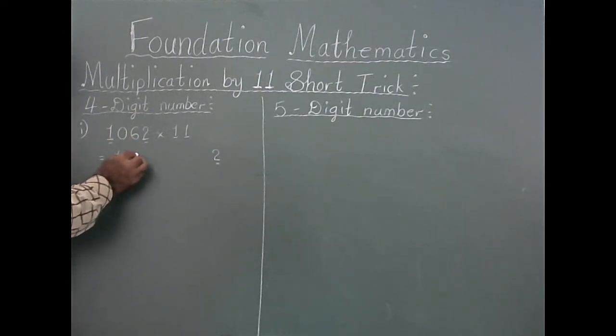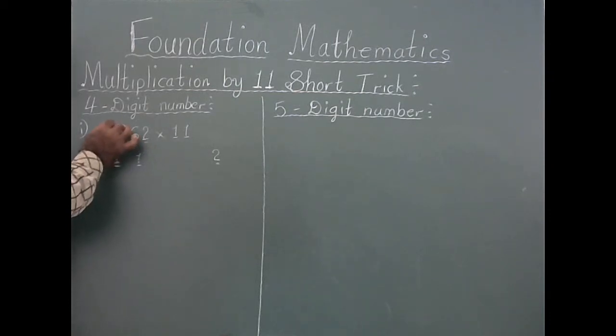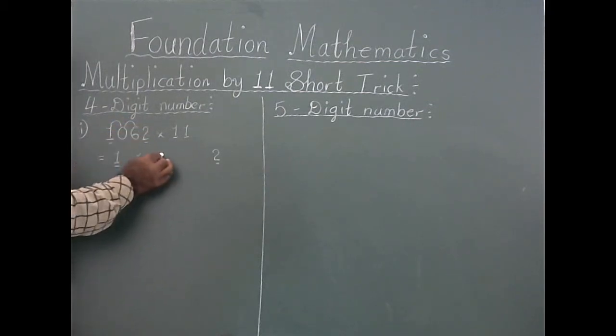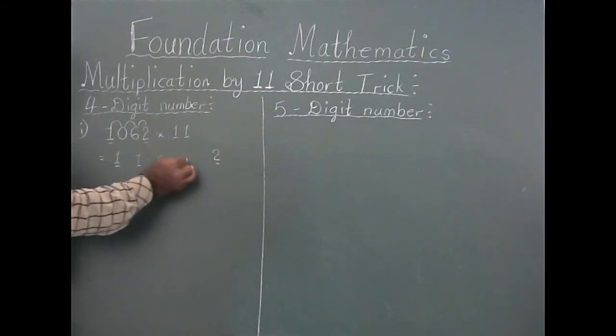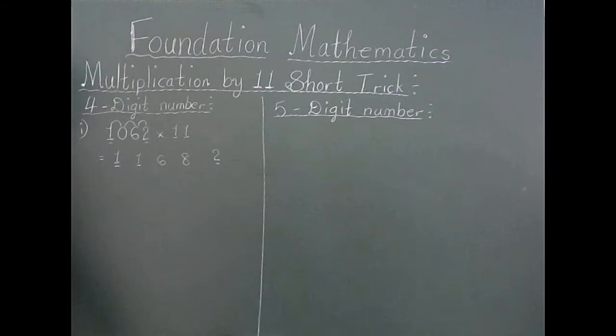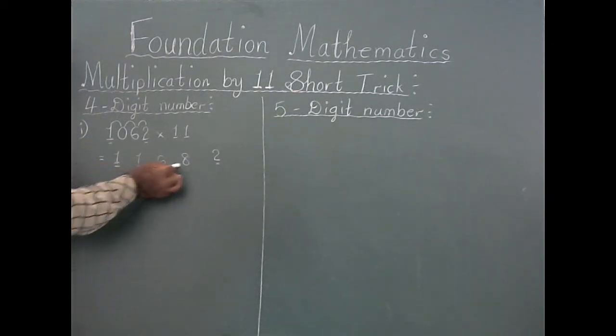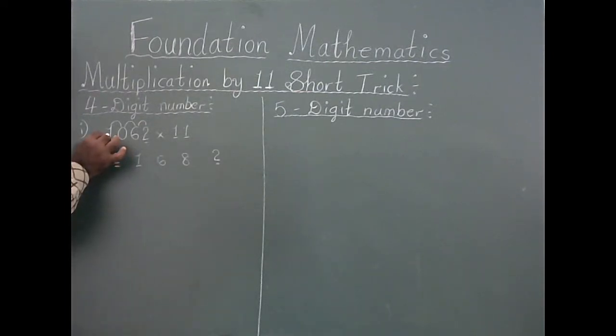That equals 1. Next, 0 plus 6 equals 6. Next, 6 plus 2 equals 8. What is the answer? 11682. The multiplication of 11 by 1062, answer 11682.